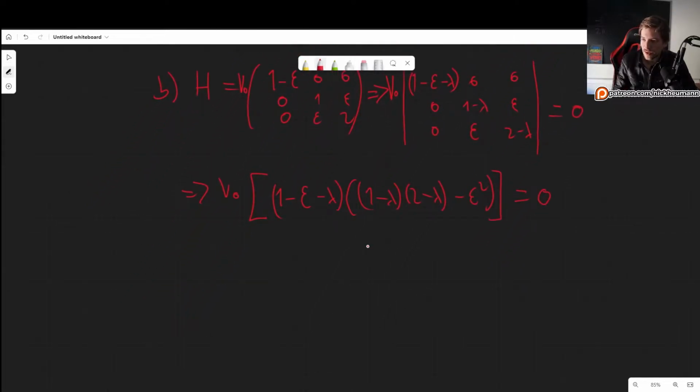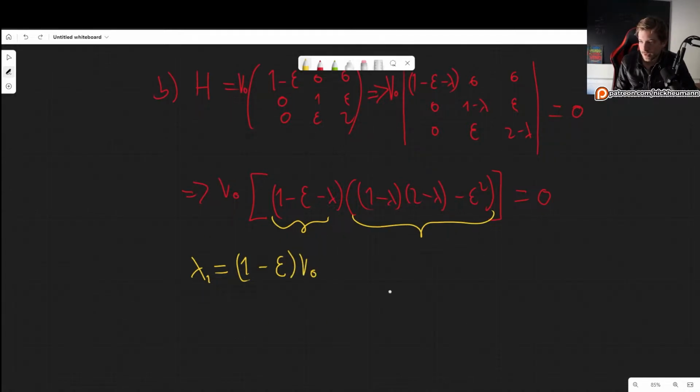So that means that for this to be 0, either this part is 0 or that part is 0. So from this part, we get that one of the lambdas, let's call it lambda 1, I don't want it to get confused with the unperturbed ones, but we'll be careful, lambda 1 is 1 minus epsilon.